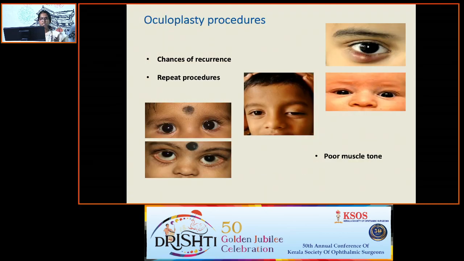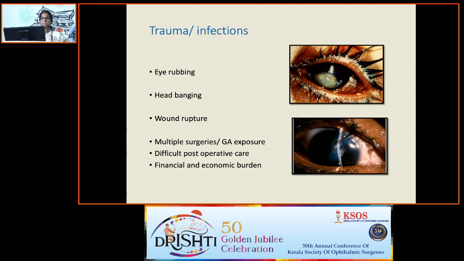And oculoplasty procedures like entropions and ectropions are common. One problem with them is that eye rubbing is a very difficult thing to manage. So chances of recurrence have to be explained. Trauma and infections are another problem, because some of these children have head banging and seizure disorder. So the post-op management becomes really difficult.